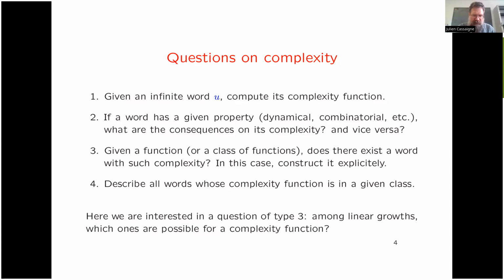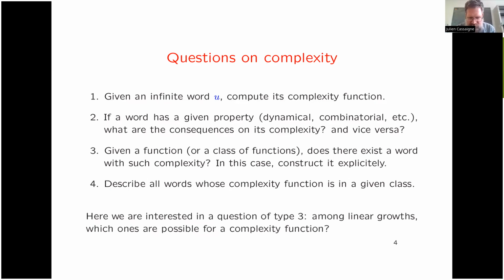Let's say I take p(n) equals 2n plus 5; construct me a word that has complexity 2n plus 5 for n large enough. And finally, you may want to go further and describe all the words that have a given complexity function, or a complexity function in a given class.